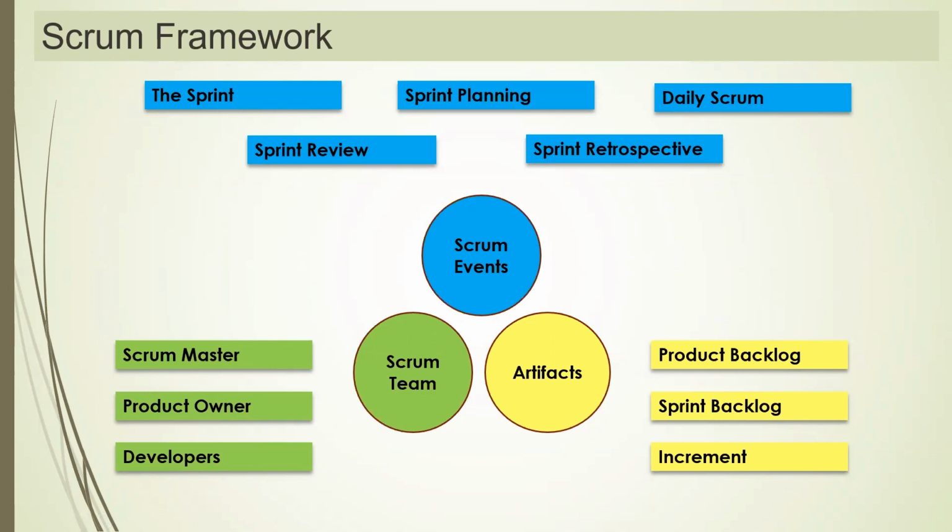What is a sprint? Scrum suggests the iteration. Till now we kept using that word iteration, right? Scrum suggests the iteration can vary from 1 week to 4 weeks.